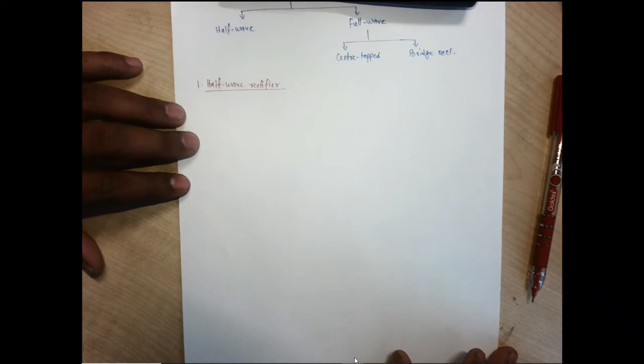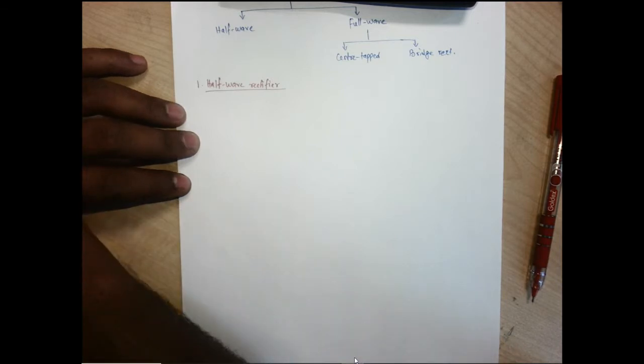So what is the purpose of using those rectifiers? Such a device is capable of converting a sinusoidal input waveform whose average value is 0. We know that for a sinusoidal signal the average value is 0, because it has equal amplitude on both the positive side and the negative side.